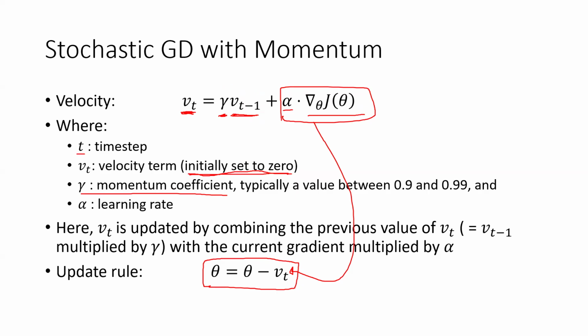We take the historical values that we have remembered up to now and add them to this gradient times alpha term.